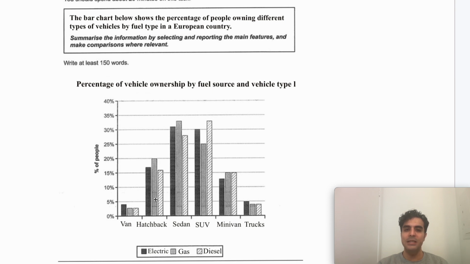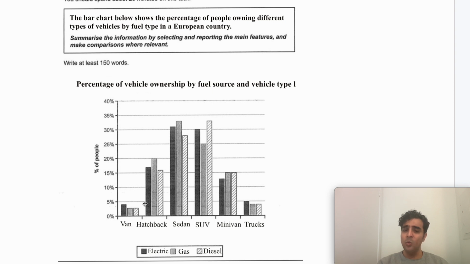Let's see if we can put this all together. So it's 20% of what? We know it's 20% of people, right? So we could say 20% of people in this European country owned hatchbacks that were gas-fueled.